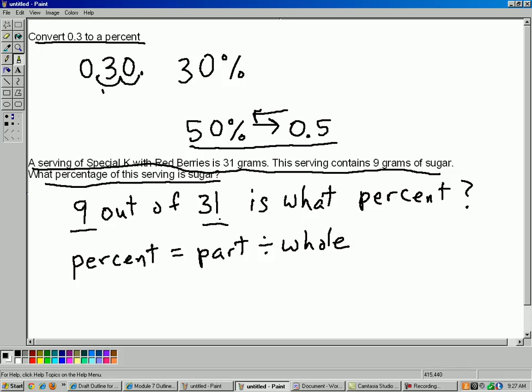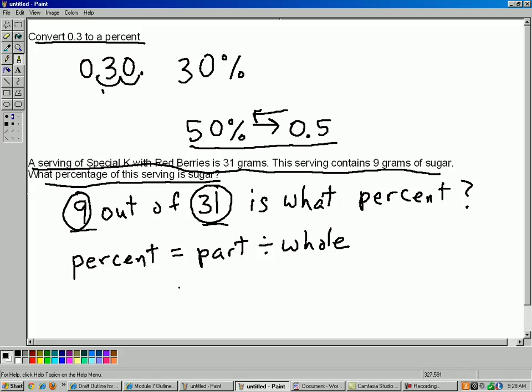The part of the cereal that's sugar is 9. Sometimes that's referred to as the amount in other formulas. The whole amount of the serving, sometimes referred to as the base in certain formulas, is the 31. That's the whole amount of cereal.